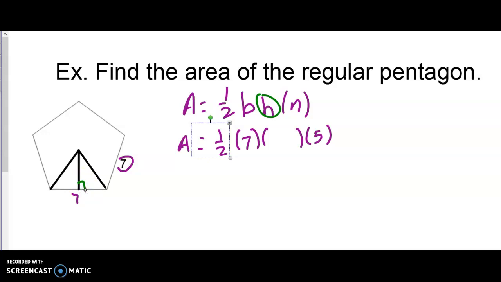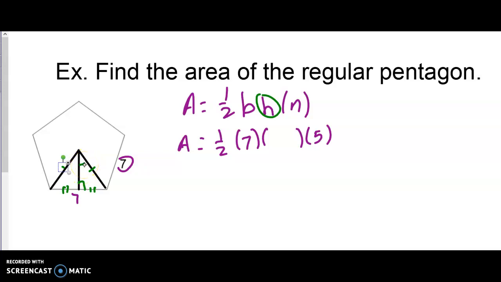Remember that because this is an isosceles triangle, I know that this height will do 2 things. It'll bisect this bottom side into 2 equal parts, and it'll also create a small angle up there that we can figure out. Now, I need to figure out what this angle is.